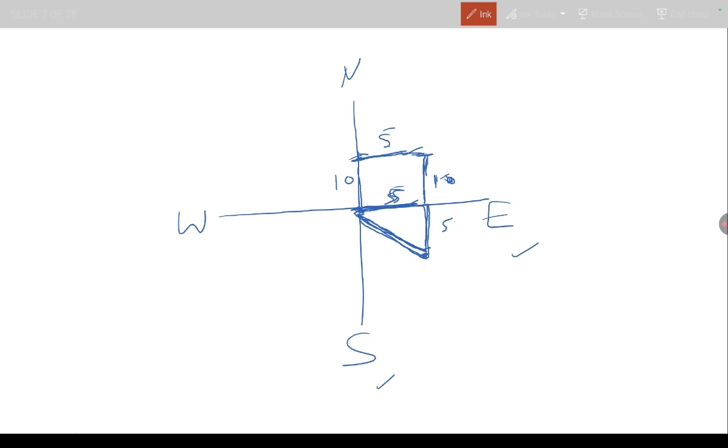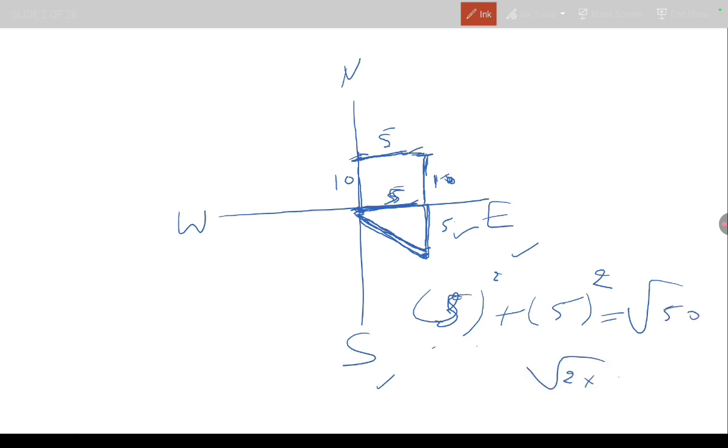How can you answer this? 5 square plus 5 square is equal to root 25 plus 25, which is root 50. How can I write root 50 as 2 into 25? 5 will be outside now, so your answer will be 5 root 2. So this is the basic that you always need to remember.